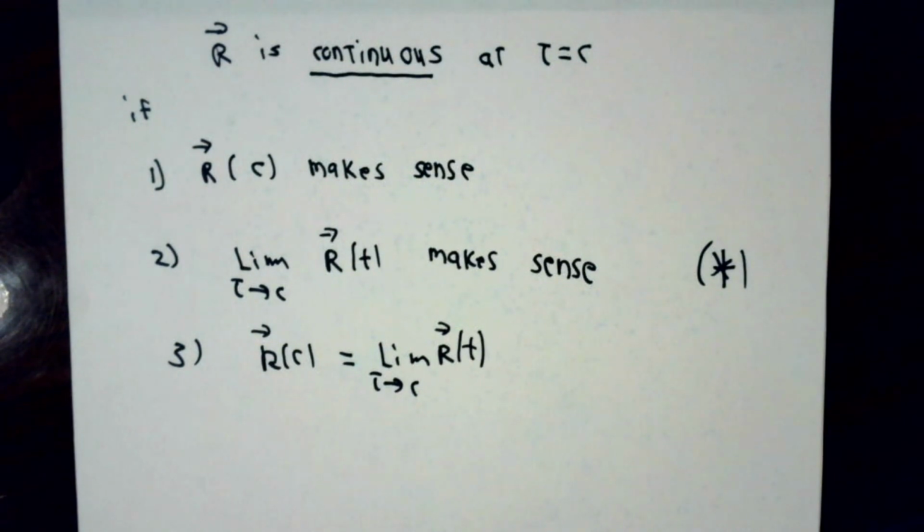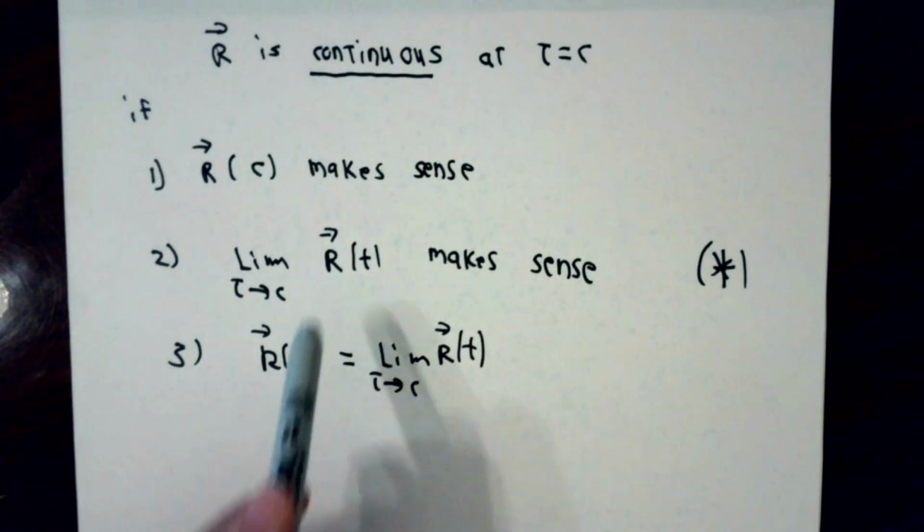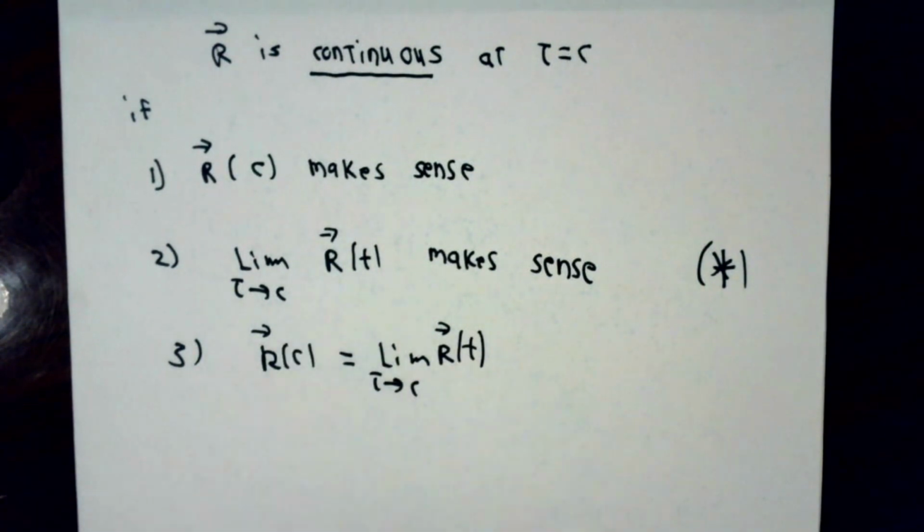That leads directly into the asterisk, though, because there are some strings attached to this statement. For the limit to make sense, I have to be able to look at function values, r of t, for all t that are close to but not equal to c.